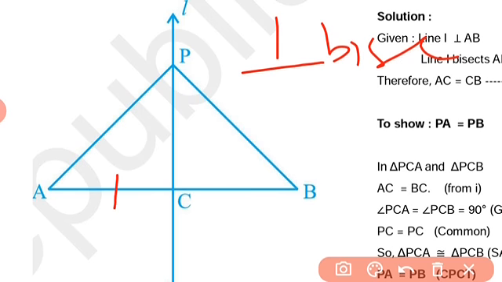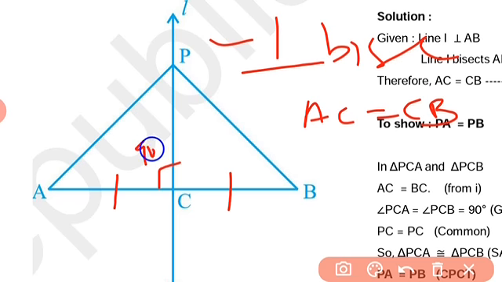That means this side will be equal to this side. That is, AC will be equal to CB. And if it is a perpendicular, then this angle is 90 degrees. Also, this angle is 90 degrees. So this angle and this angle become equal.